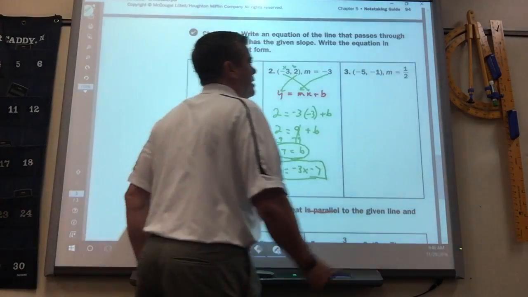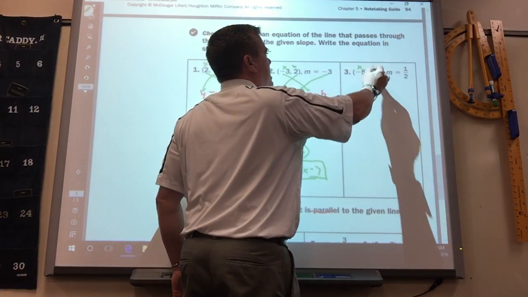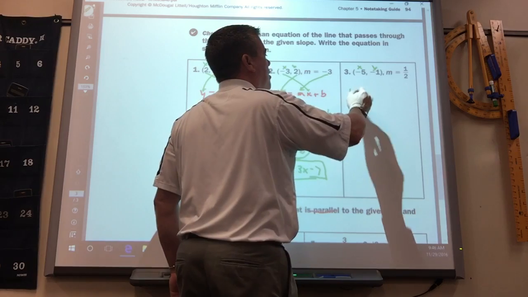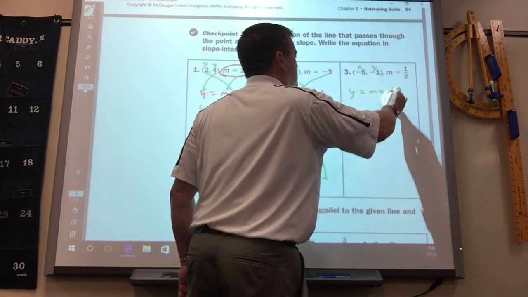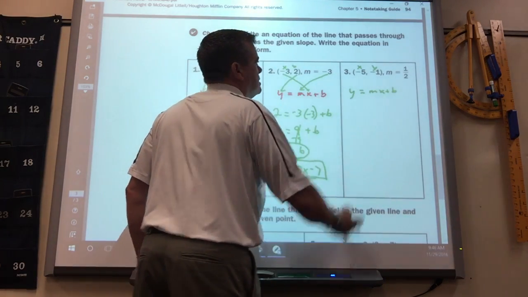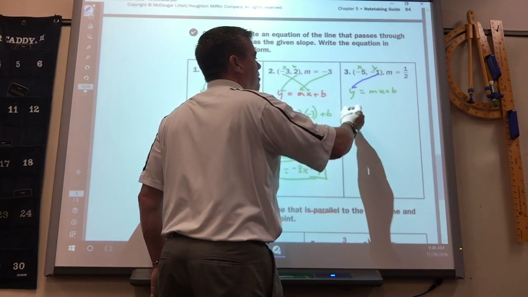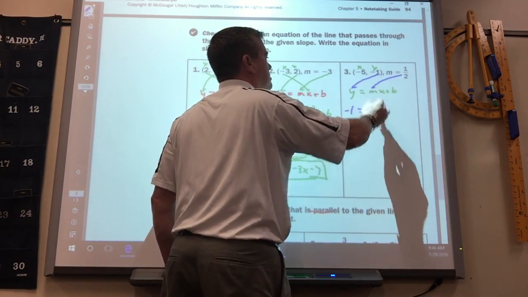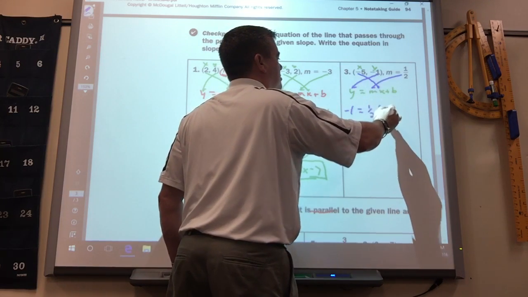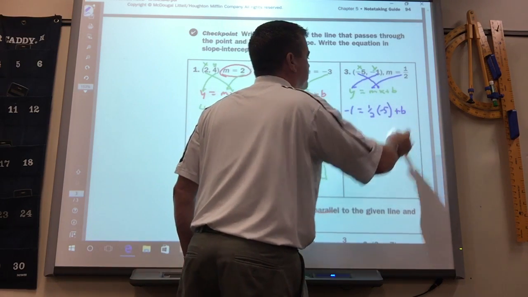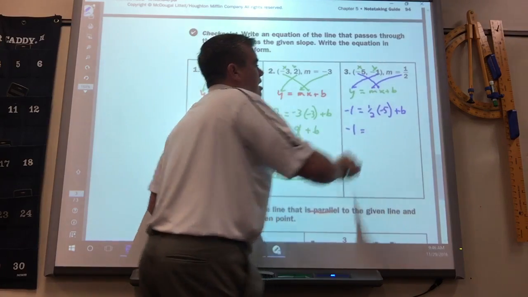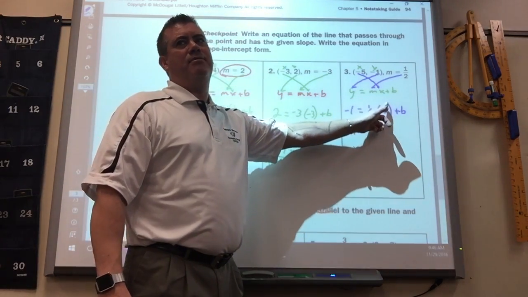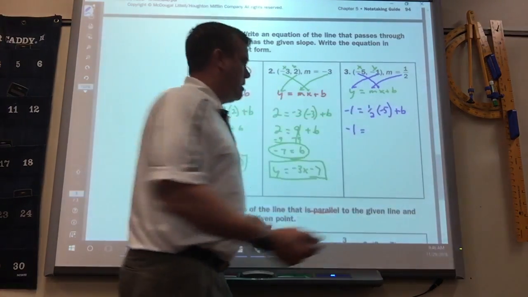Here's one where we might get a fraction. That's x, that's y, that's m. So, negative 1 goes in for y, 1/2 in for m, negative 5 plus b. So, when you solve this, half of negative 5 is negative 2.5.